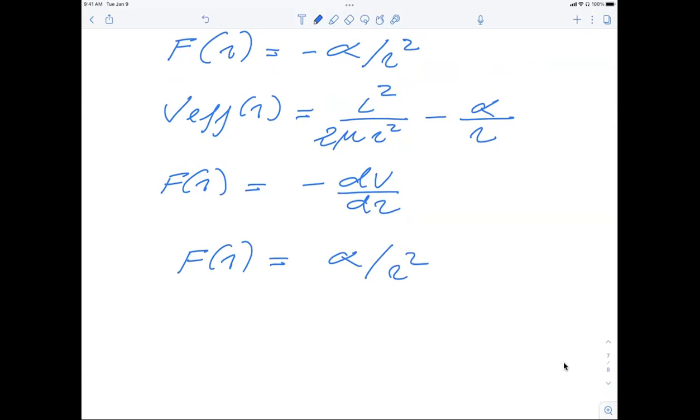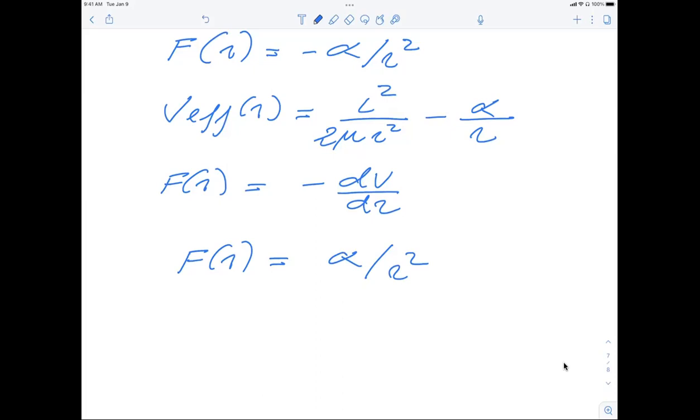If you were to plot the potential, would this lead to bound motion? Would it lead to unbound motion? The only thing we did now is to replace the sign in front of the force. This means that we have a potential which has a positive sign in front of it.